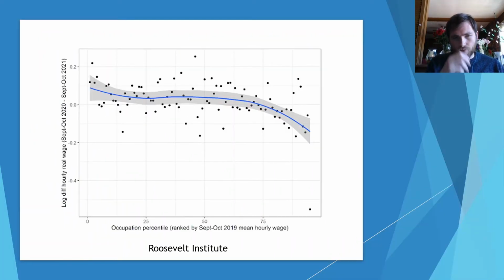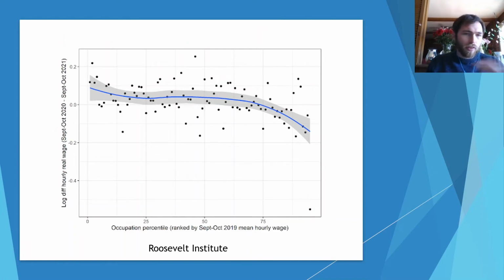So here, this graph, which I got from the Roosevelt Institute, shows the difference in hourly real wage for people across their occupational earnings percentile. So basically, it's saying, all right, where do you fall in the percentile for people in your occupation?